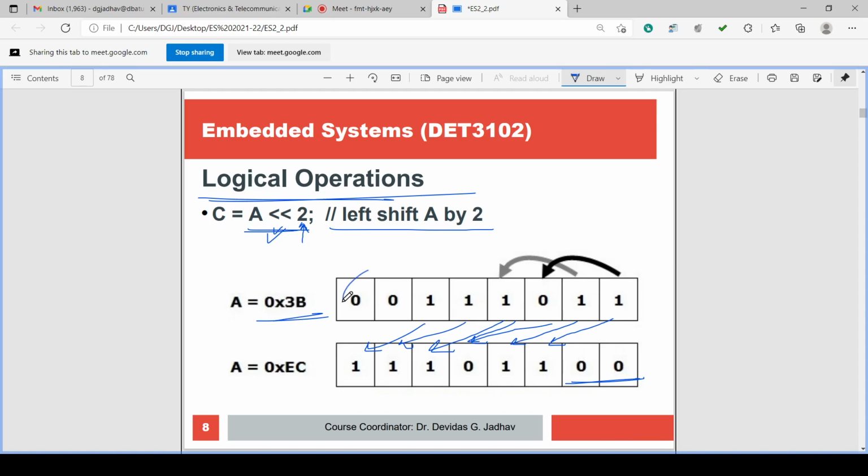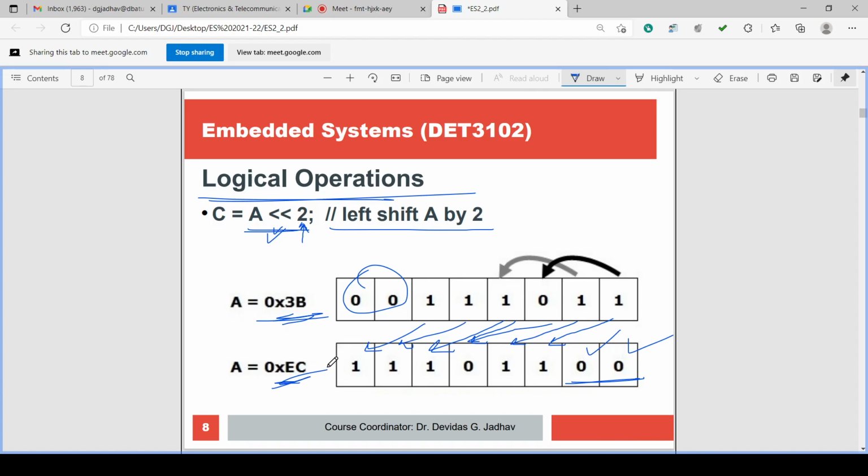These are not these 0s; this is by chance it is showing. Empty spaces are always filled with 0. Now this becomes 1110, that is E, 1100, that is C. So it is becoming EC. The 3B, whenever left shifted by 2, becomes EC.